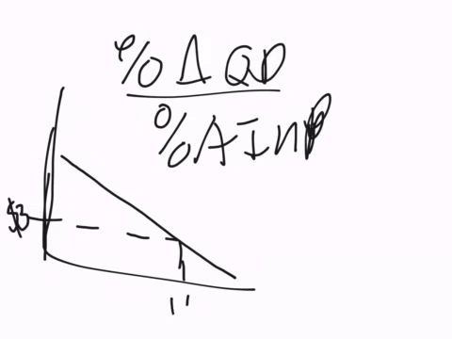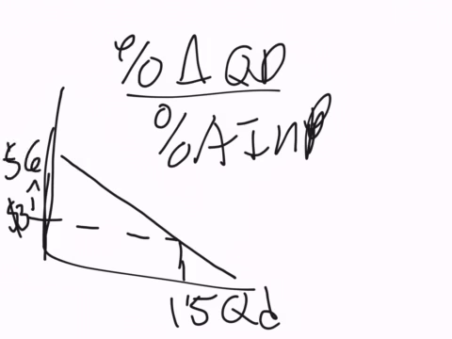And the quantity demanded for that is 15. 15 people want gum in the world. Let's say the price were to raise to $6 per pack. As you can see, the quantity demanded now drops to, let's say, about 4 people.